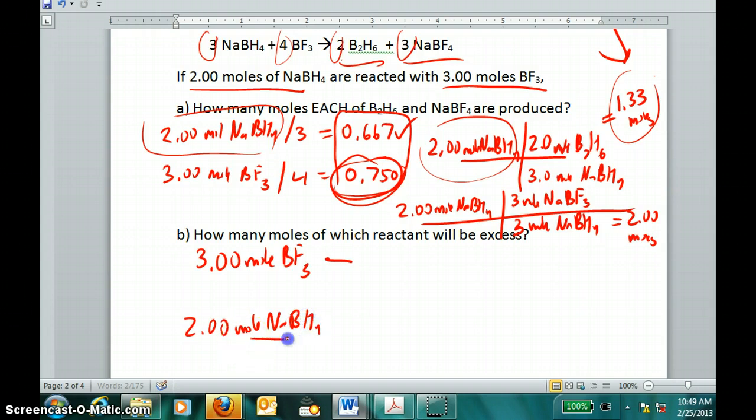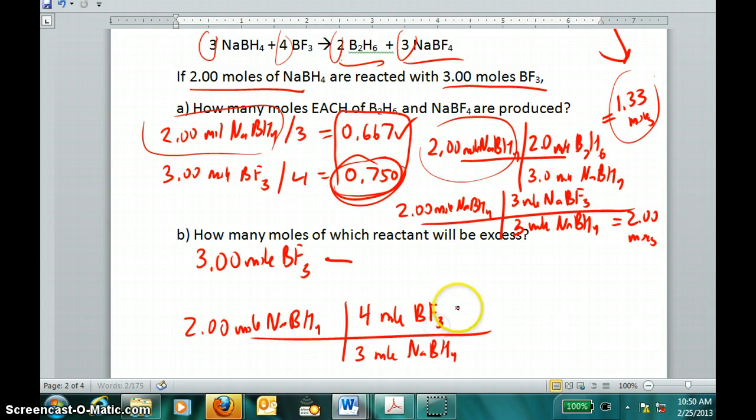NaBH4. And then I use the stoichiometric ratio between the limiting reagent and the excess reagent to figure out how much I use. For every 3 moles of my limiting reagent, I should also use 4 moles of boron trifluoride, my excess reagent. And I label that "used" so I don't make the classic error.